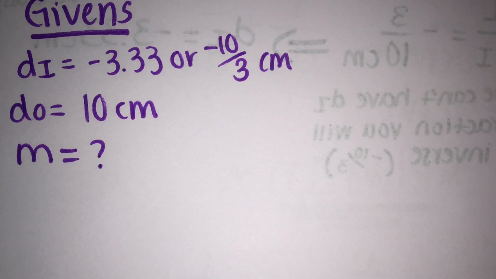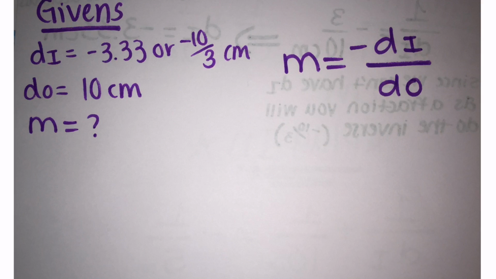To find the magnification, your givens are dI equals negative 3.33, or negative 10 over 3 centimeters, and dO equals 10 centimeters. You will then have to find m. This is the equation you will be using.